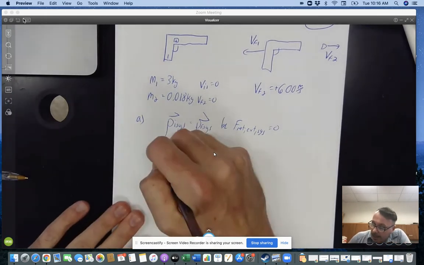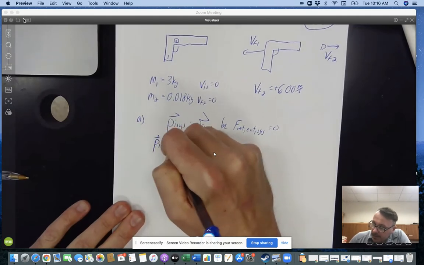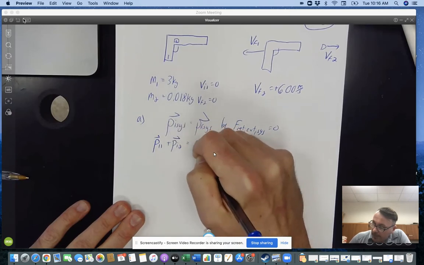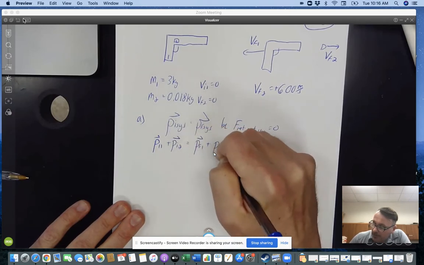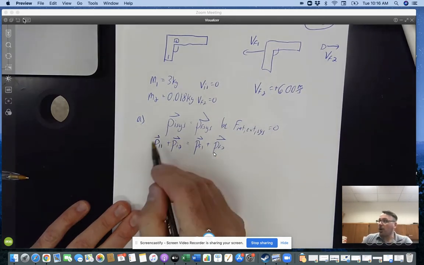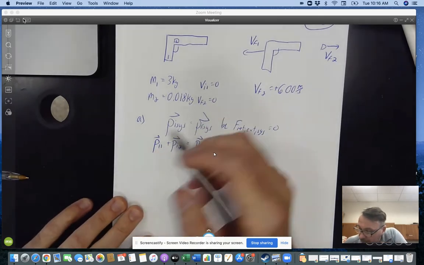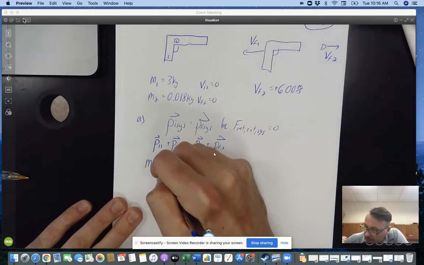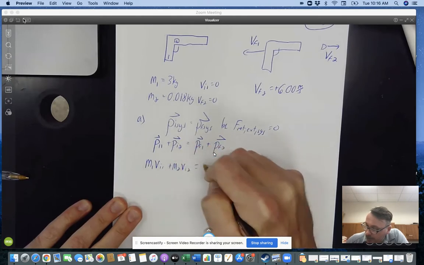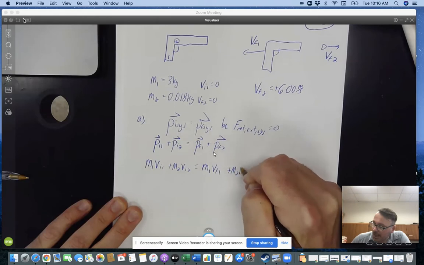So here we go. Initial momentum of object 1 plus initial momentum of object 2 is equal to final momentum of object 1 plus final momentum of object 2, right? Or I could have done P initial of the gun-bullet system. That's m1 vi1 plus m2 vi2 equals m1 vf1 plus m2 vf2.